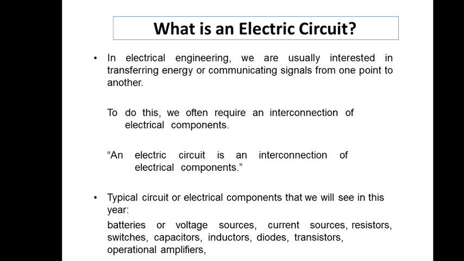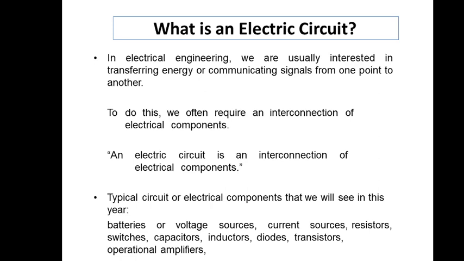In electrical engineering, we are usually interested in transferring energy or communicating signals from one point to another. To do this, we often require an interconnection of electrical components. So simply saying, an electrical circuit is an interconnection of electrical components.